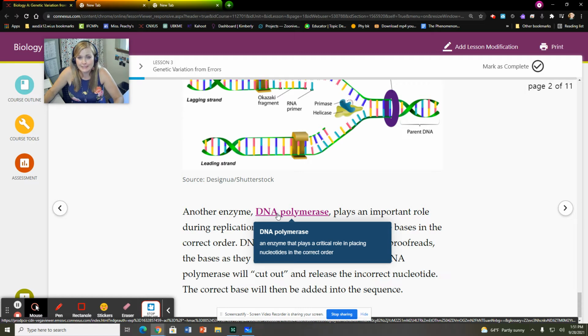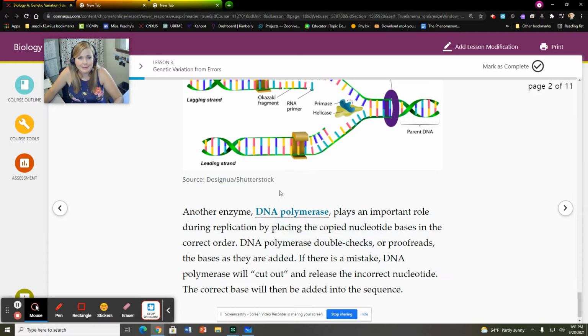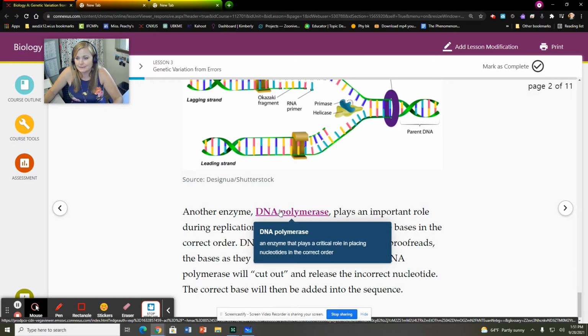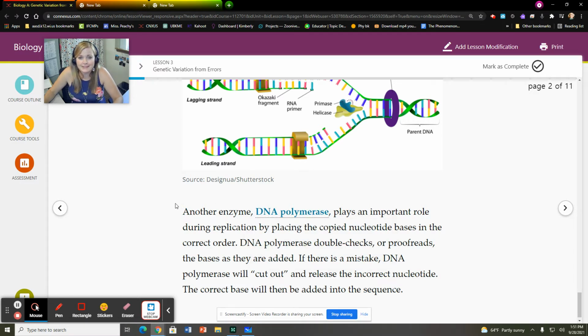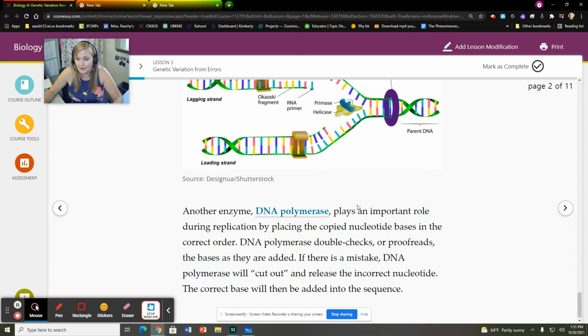It not only copies, but it also proofreads. It is an enzyme that plays a very critical role in placing those nucleotides, or those nitrogenous bases, which aren't exactly the same thing, but for all intents and purposes this time we're calling them the same thing, in the correct order. All those A's, T's, C's, and G's, right?